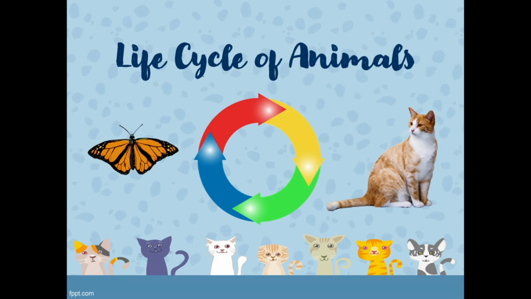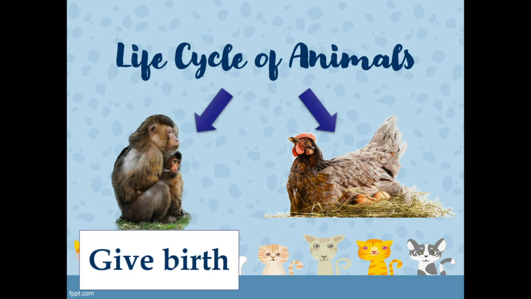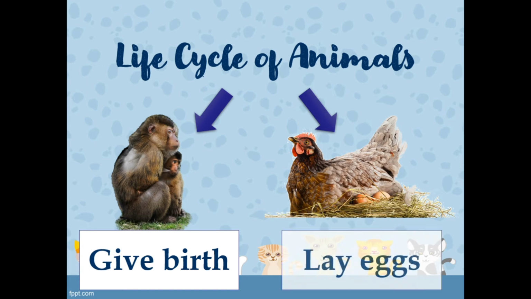This is why we call it the life cycle of animals, because it is the stages a living thing goes through during its life, and animals change in shape, size, and grow all through their life. And do you know that the life cycle of animals can be grouped into 2 types, that are animals that give live births to their young and animals that lay eggs?